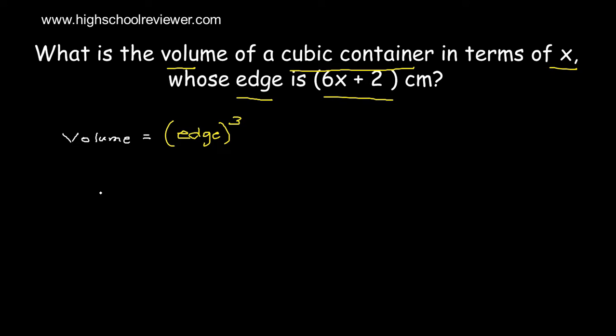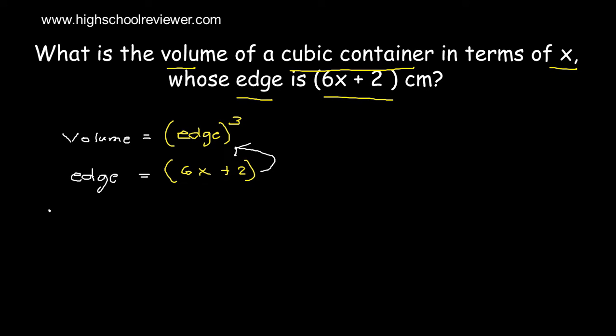And from the given, we have here edge is equal to the quantity of 6x plus 2. We will now substitute the value of edge, which is the quantity of 6x plus 2, to our equation.